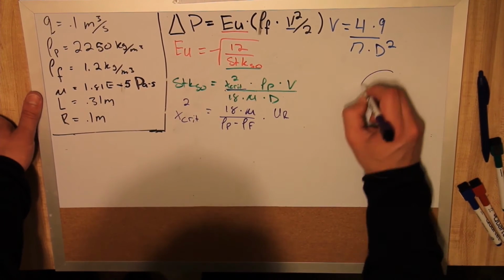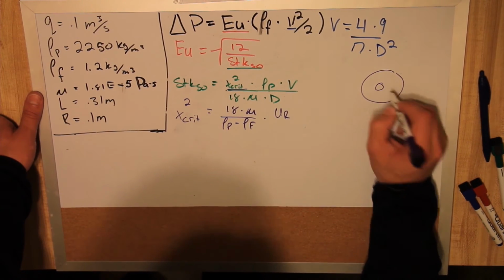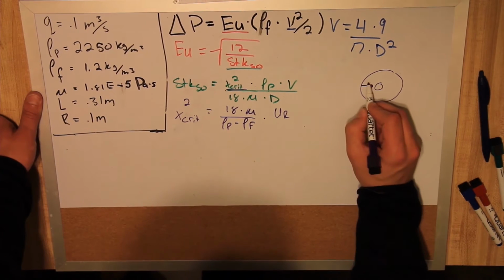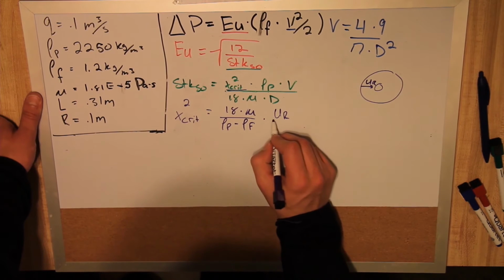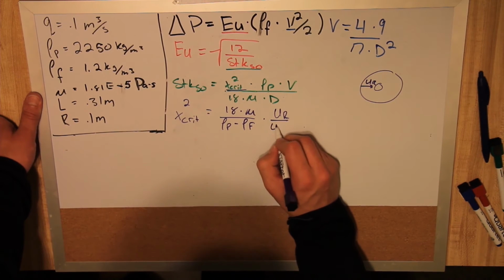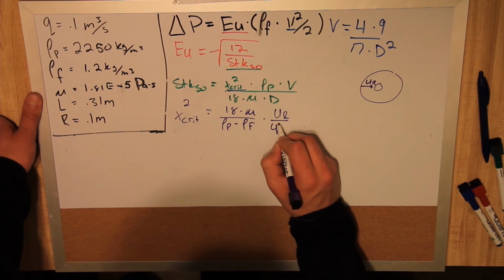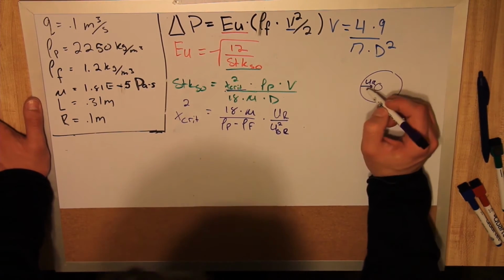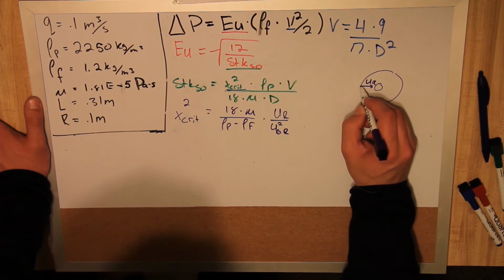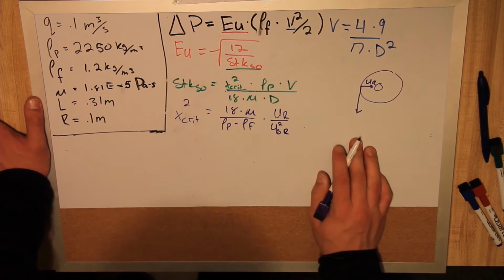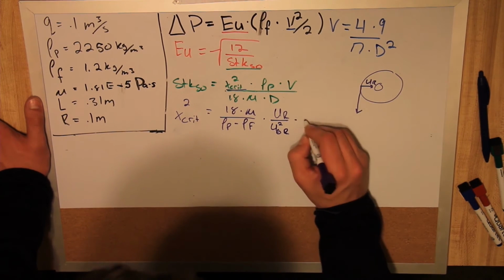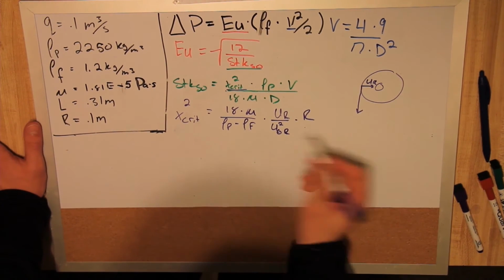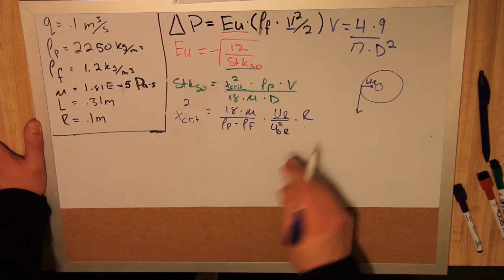So an example of this: here's an overview of the cyclone. U of r is going this direction, over u theta r squared, and all that is the tangential velocity, the velocity that's going this way in the cyclone, times the radius. So first we're going to find the radial velocity.